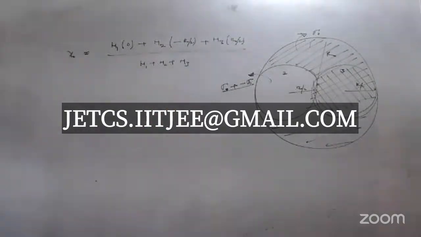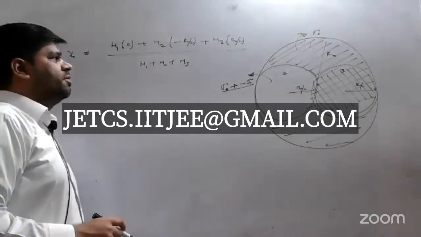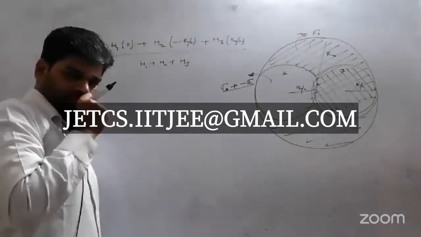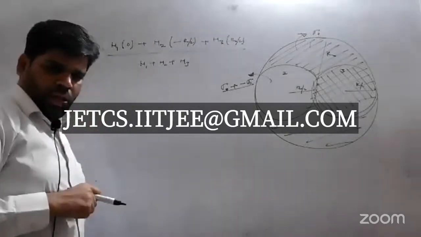Right? Is it okay? m1 x1 plus m2 x2 plus m3 x3 by m1 plus m2 plus m3. Sigma mi xi by sigma m.